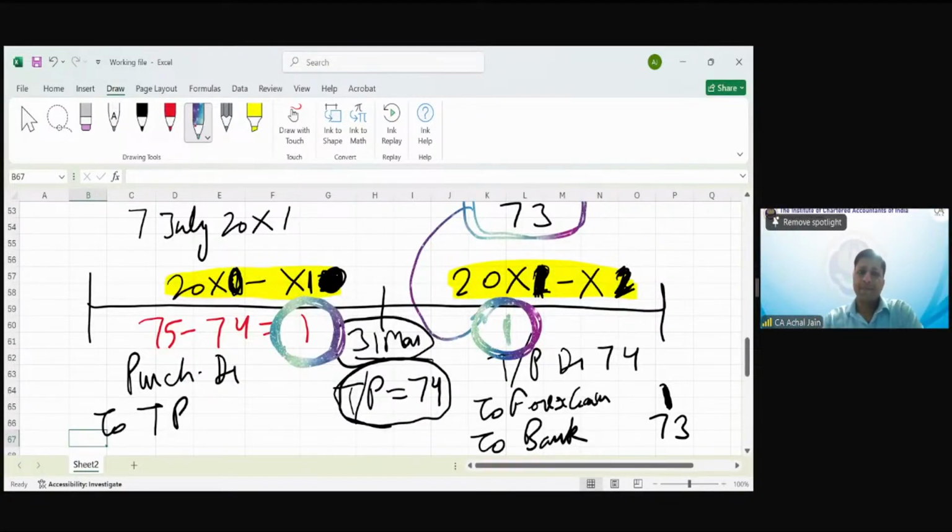Sir, on the purchase date, what amount will we consider? 11 lakhs 25,000, right? So you can just compute this amount. 15,000 multiplied by 75. What do you get? It is 11 lakhs 25,000.